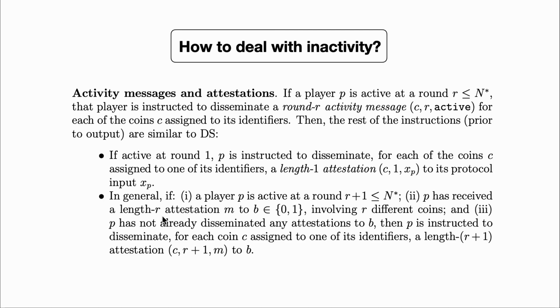Okay, so this is what we mean by a length r plus 1 attestation. If M is a length r attestation, then a length r plus 1 attestation is of this form.